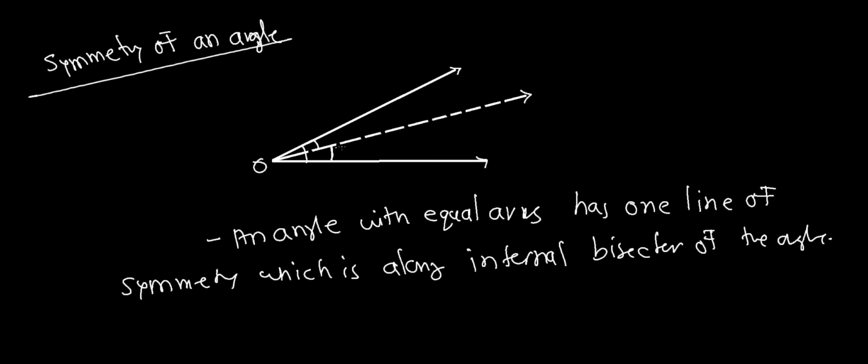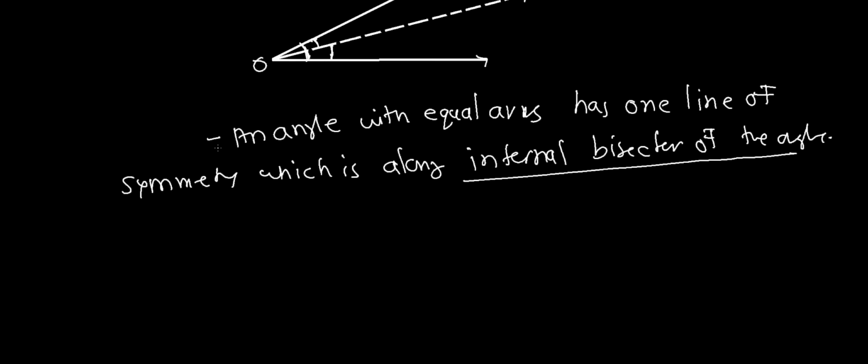Such a line divides this main angle into two equal angles; that's the term internal bisector of the angle. So this makes this angle symmetrical, and this line a line of symmetry. This is the context of symmetry of an angle.